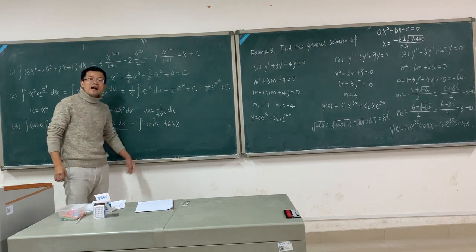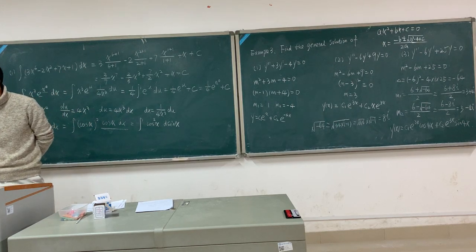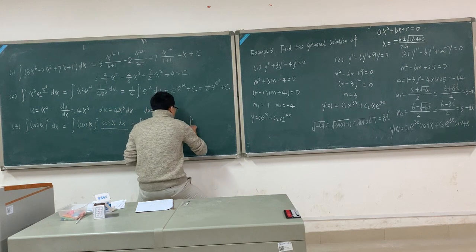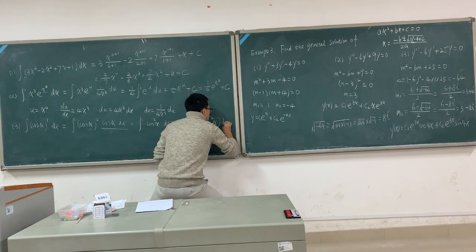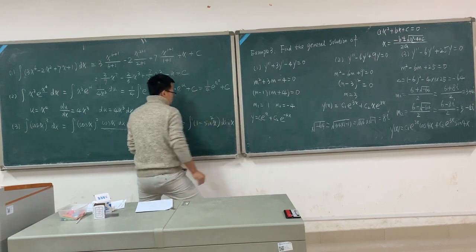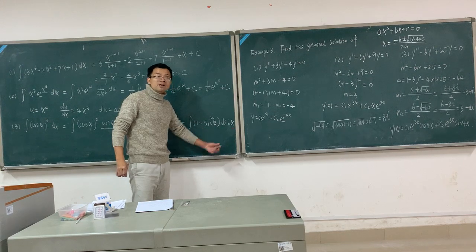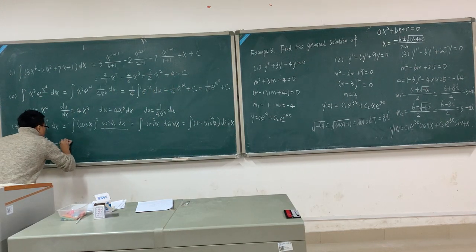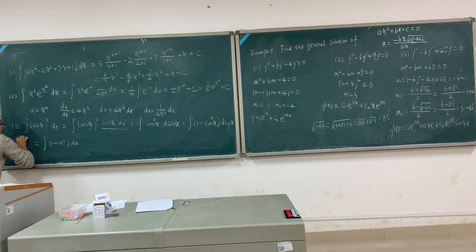And cosine squared is what? We know sin squared plus cosine squared equals 1, so cosine squared should be 1 minus sin x squared, d sin x. So now we can replace sin by u. So here should be 1 minus u squared du. Let u equal to sin x.